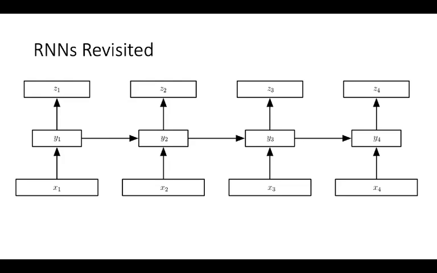In the recurrent neural network based model, they use the last hidden state of the encoder as the context representation of the source sentence, and then pass it to the decoder. The decoder will decode the sentence based on the context vector.